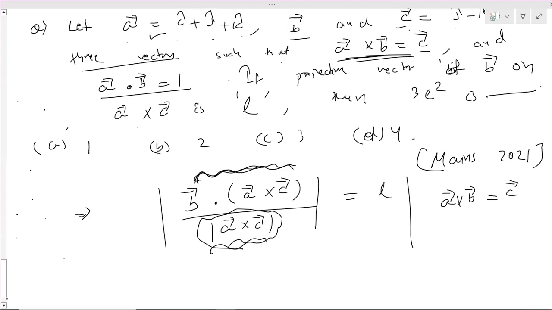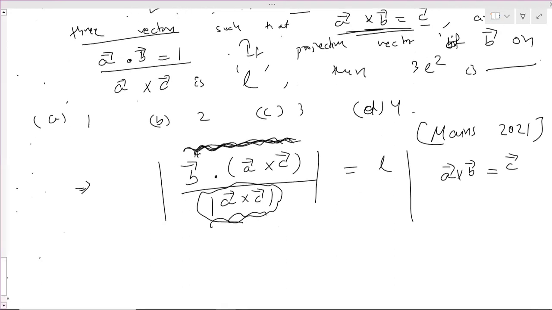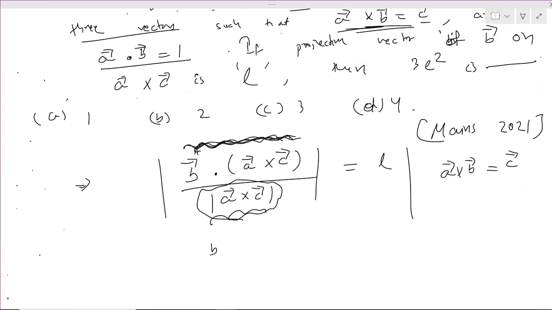Now this is a scalar triple product, or not? Numerator. So we know this is BAC. So can I write this as minus of ABC? And if I use modulus, then this negative will not be relevant.